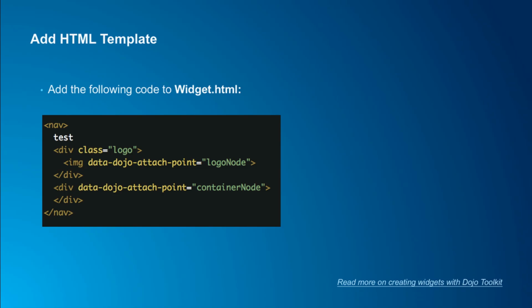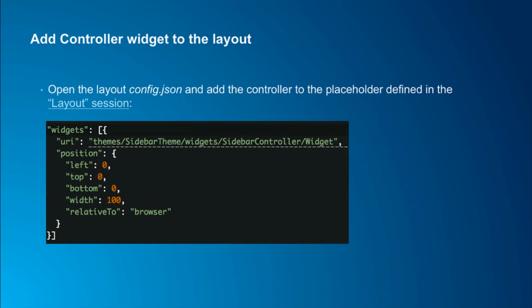Within this template, we have one div that will display the logo, and also another div that will contain the icons and the labels for the widgets, and also the picture of the user.